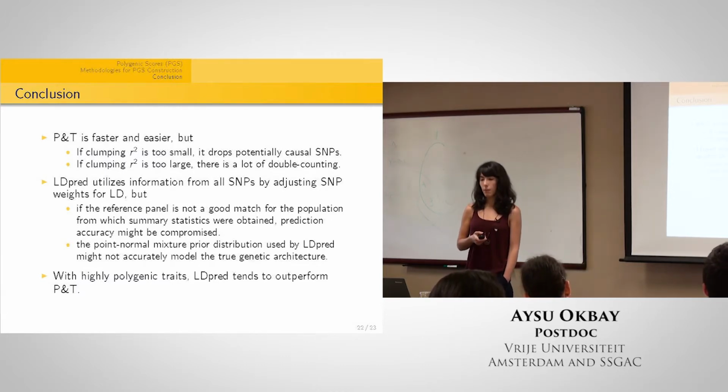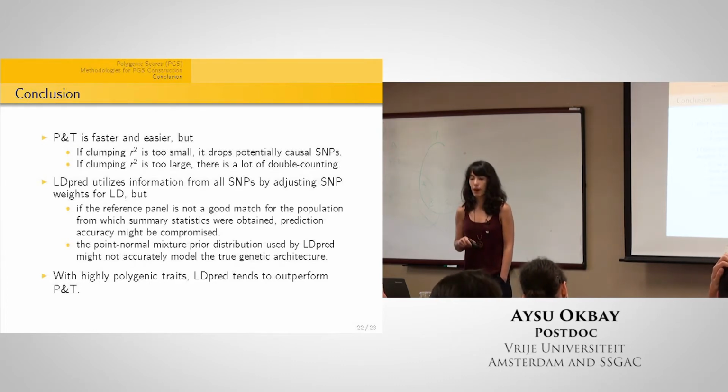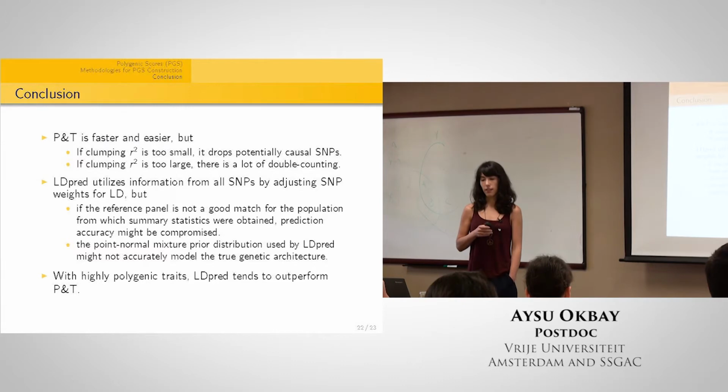But if your reference sample is not representative of your discovery sample, the prediction accuracy might be a little compromised. And the point-normal mixture prior distribution that LDPRED assumes may not be accurate for your trait. So these are the scenarios where LDPRED could do worse.